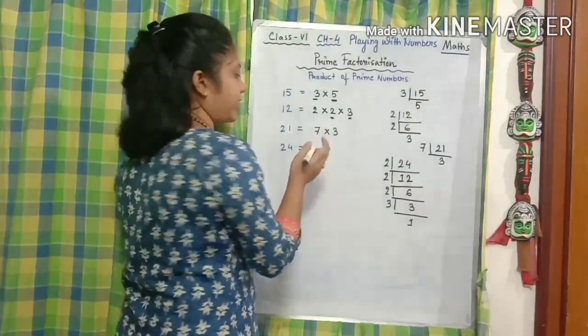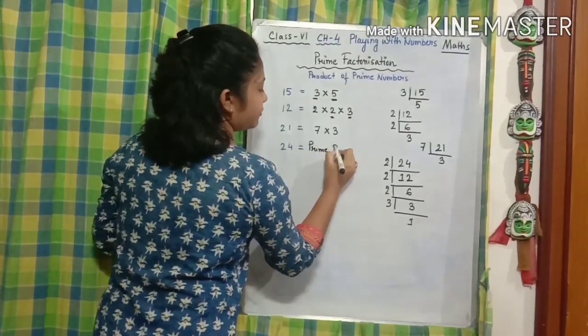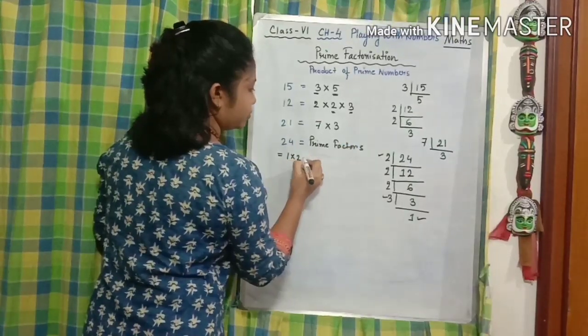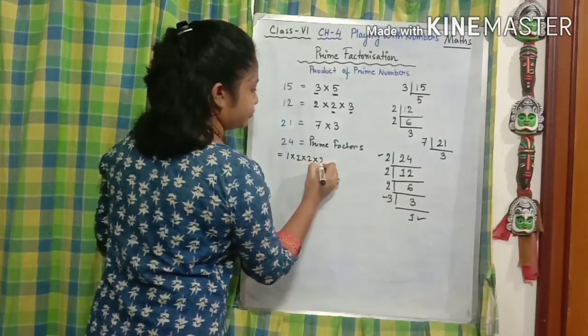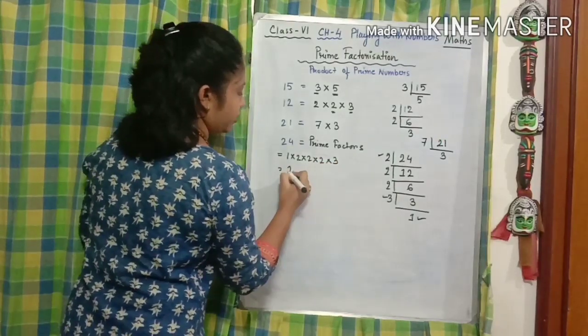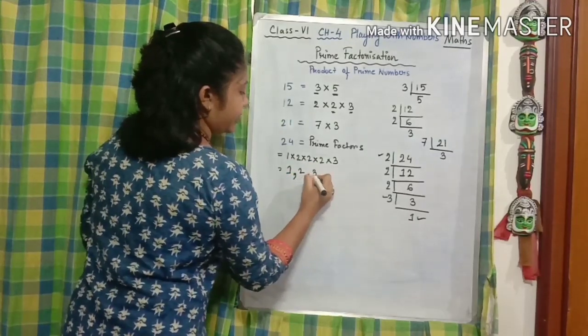Now what are the prime factors? How are we going to find out the prime factors of 24? 1 into 2 into 2 into 2 into 3. Alright, now from here we are going to find out the factors. 1, 2, 3.